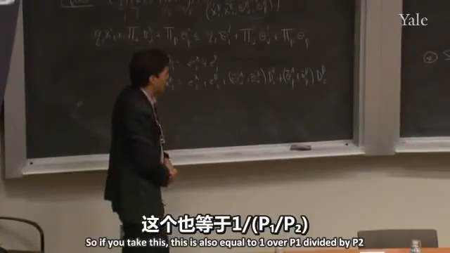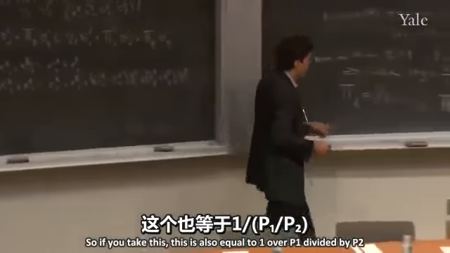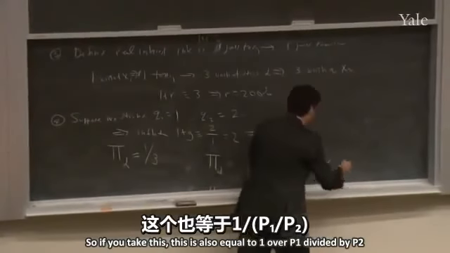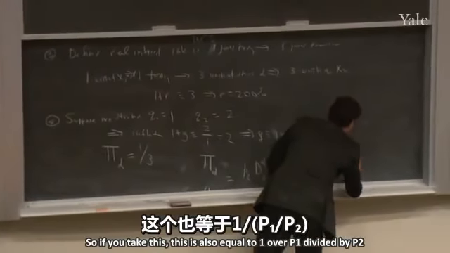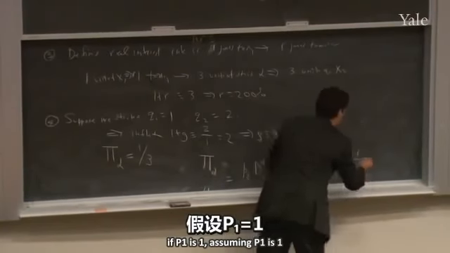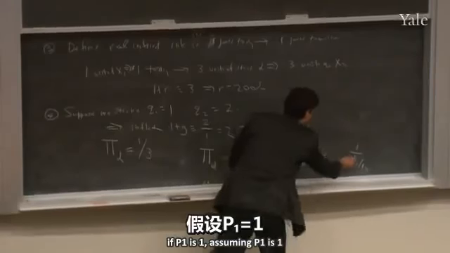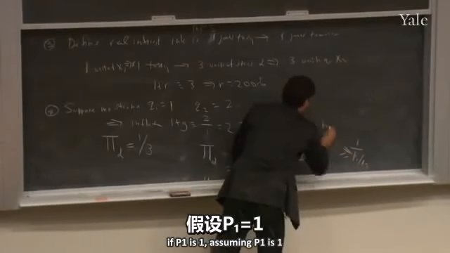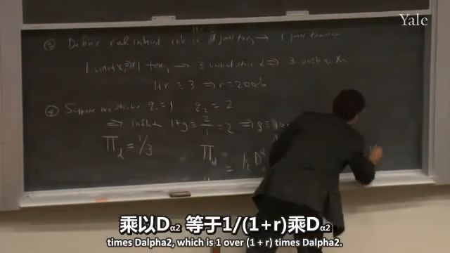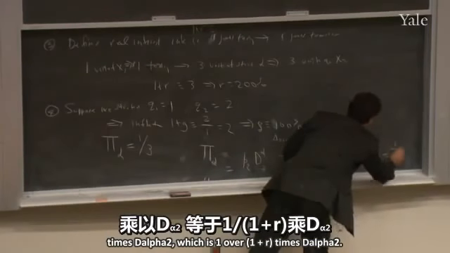If you take this, it is also equal to 1 over P1 divided by P2, assuming P1 is 1, times d alpha 2, which is 1 over 1 plus r times d alpha 2.